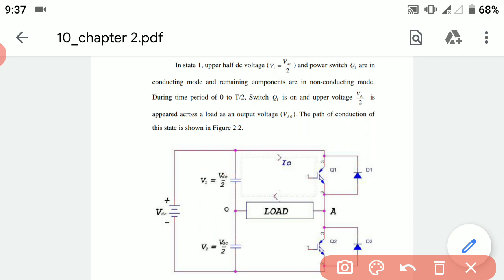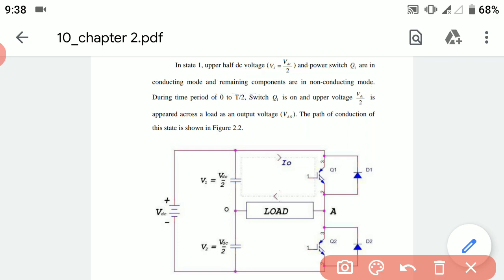The remaining components are in non-conductive mode. So in state 1 we have C1 and Q1 in the conducting mode. The other components, that is C2, switch 2 and D2, will be in the non-conductive mode.